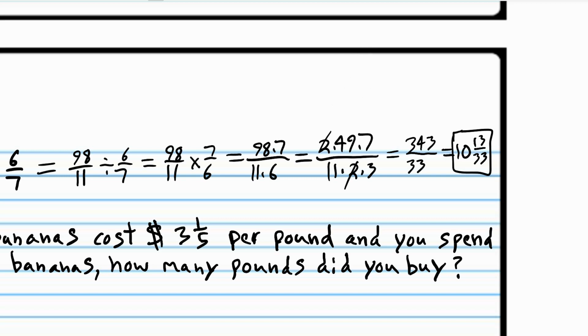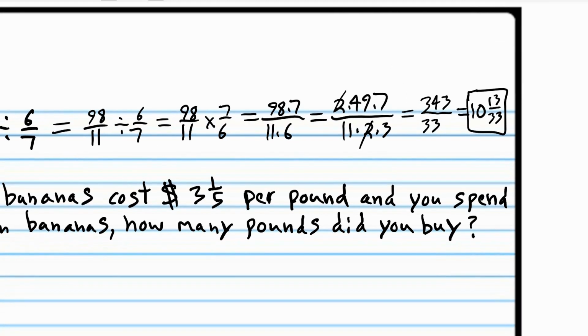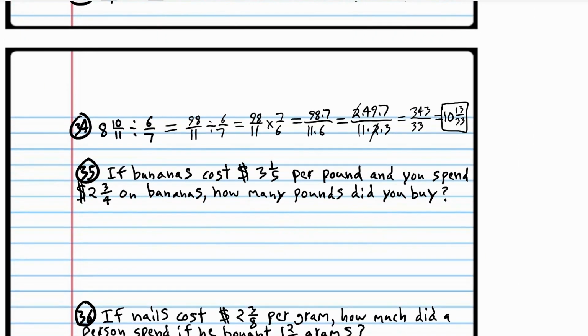And 33 times 10 is 330. 343 minus 330 is 13. So that was our remainder, and just rewrite the denominator. Now, how did I know that 343 minus 330 was 13? Well, that's fairly easy to do in your head. You can do it on paper if you want. 3 minus 0 is 3, 4 minus 3 is 1, 3 minus 0 is nothing, so it's 13. I forgot to put the subtraction sign, but you get the point.